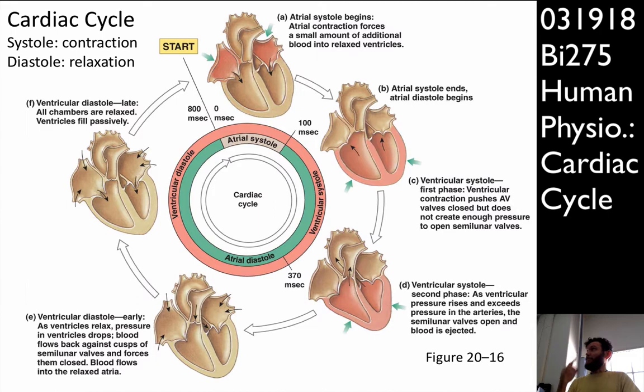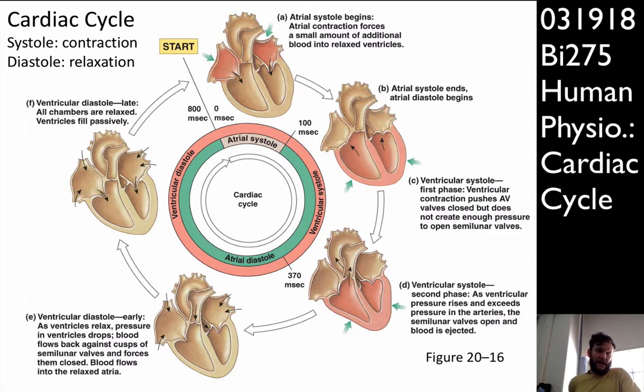So this is just an overview. Let's go through the overview, and then I'm going to put up a diagram that puts a lot of what we've talked about together, which will be sort of the whole point of the day. So at the start, at about 11 o'clock in the upper left-hand corner, we have the beginning of atrial systole.